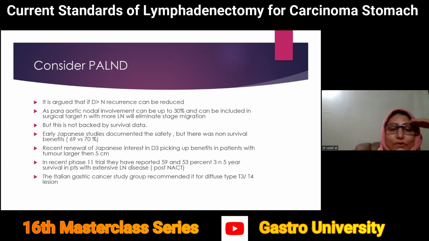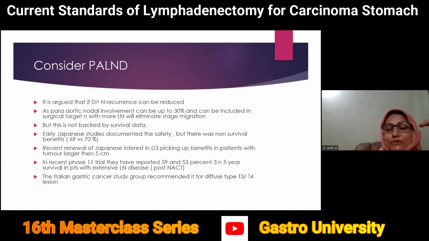Initially, when the Japanese showed interest in this, they could not document a survival benefit, 69 versus 70 in D2 and D3. And subsequently, in recent years, there's a renewal of Japanese interest in picking up D3 lymph nodes for tumors which are more than 5 centimeter.